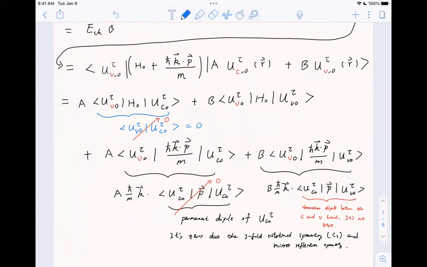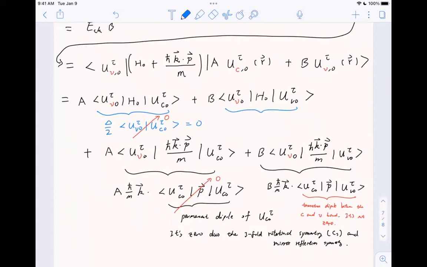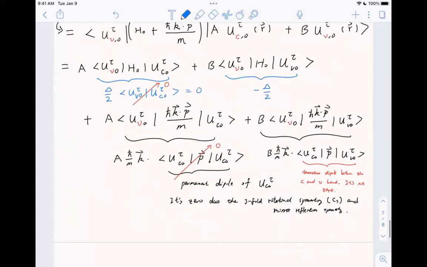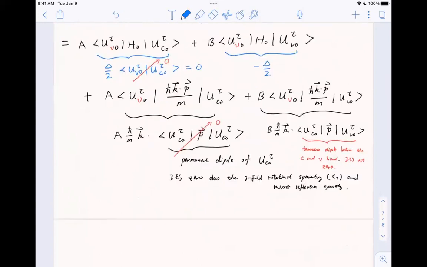In this case, actually, the energy is still this. Okay, the second term. What is this? This is the energy of the valence band, because both of these are valence band. So we set the valence band to be minus half of the band gap. Then, now this is the valence band, and then the dipole moment.